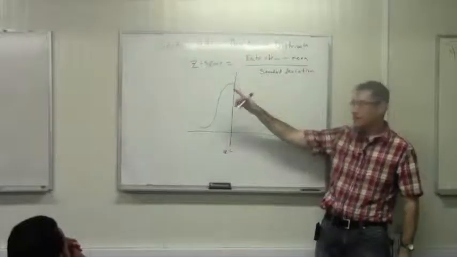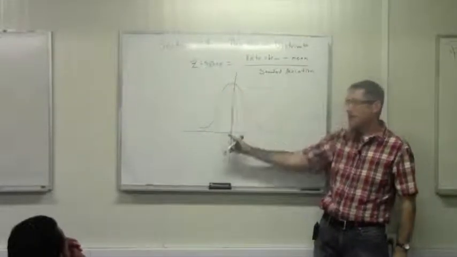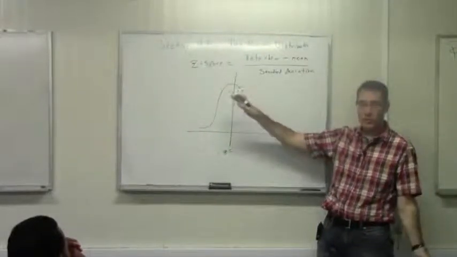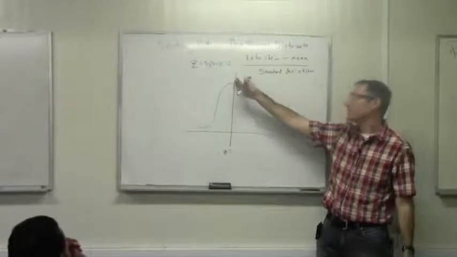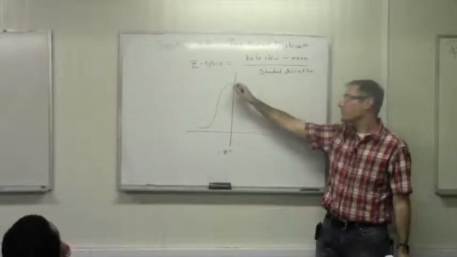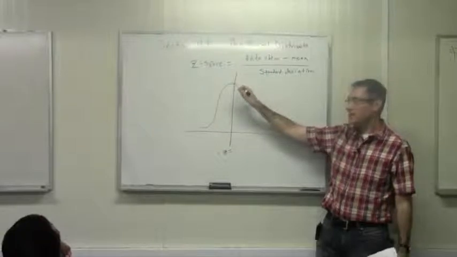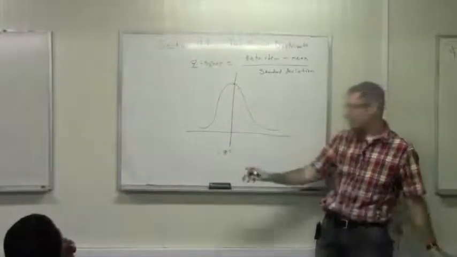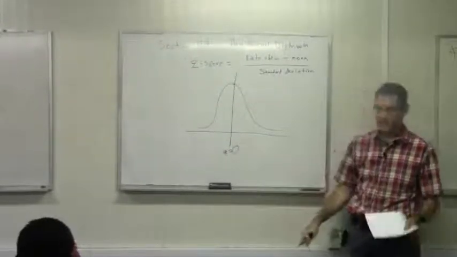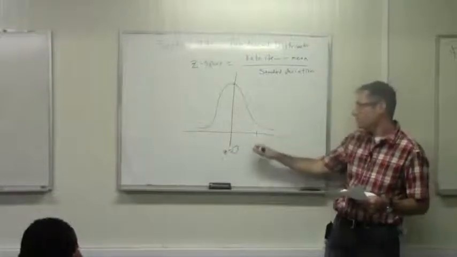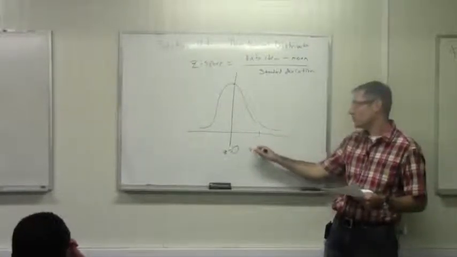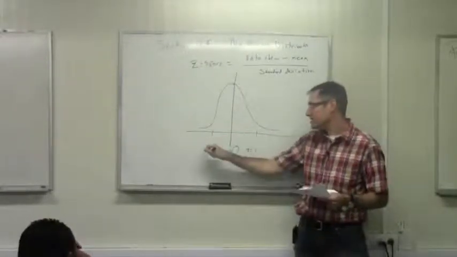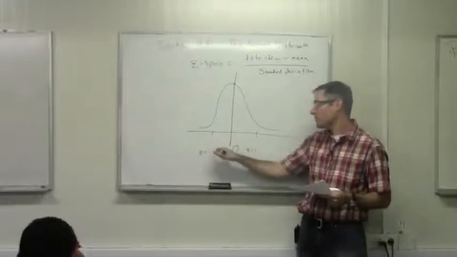This is the distribution, and that's the mean. The value minus the mean is going to be 0, divided by whatever the standard deviation is. That's z equals 0. Okay, now obviously one standard deviation is z equals 1. One standard deviation this way is z equals negative 1.